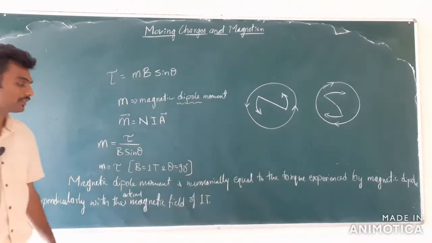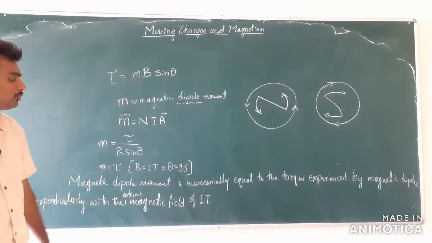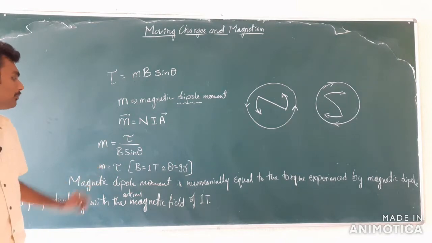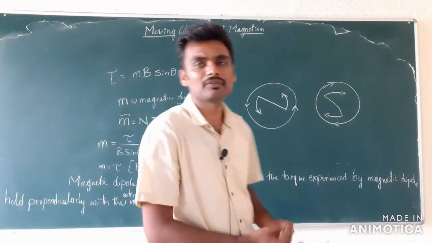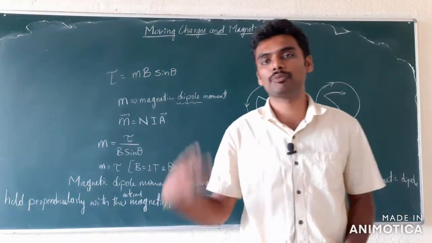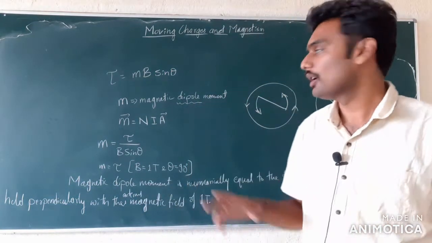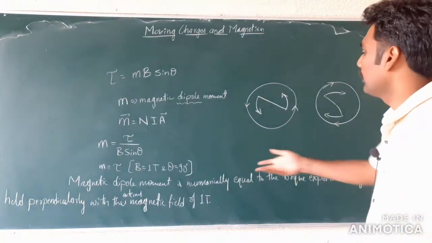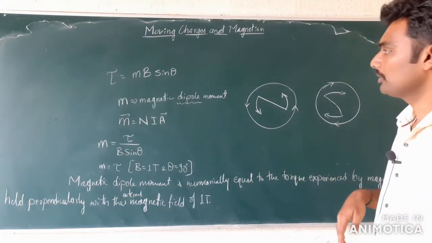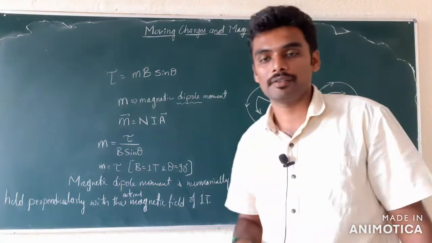So this is how we can define magnetic dipole moment, M. I hope you now have the clarity of the magnetic dipole moment, the two poles, how we get to know about each pole, and the definition of magnetic dipole moment.